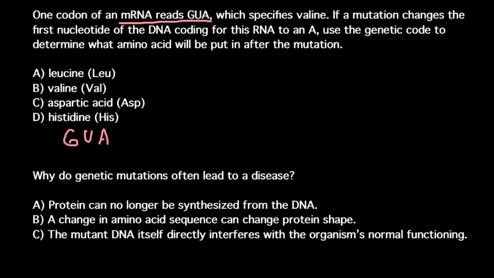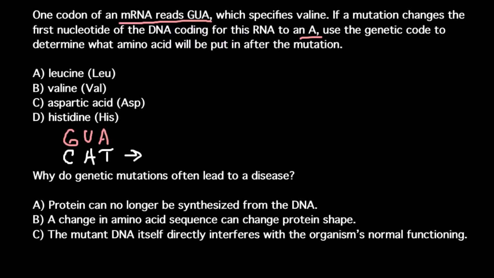This is the RNA sequence, and the DNA sequence would be: G base pairs with C, U base pairs with A, and A base pairs with T, or thymine. So if we change in the DNA the first letter, that is cytosine, to adenine, we are going to get a new sequence.